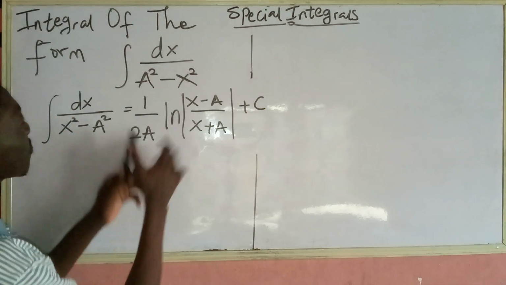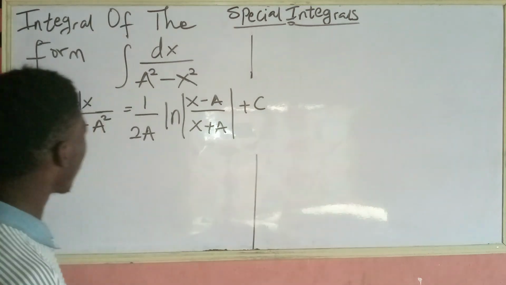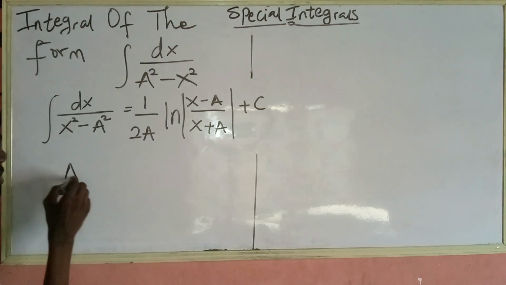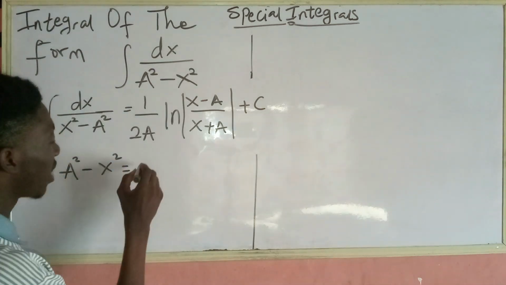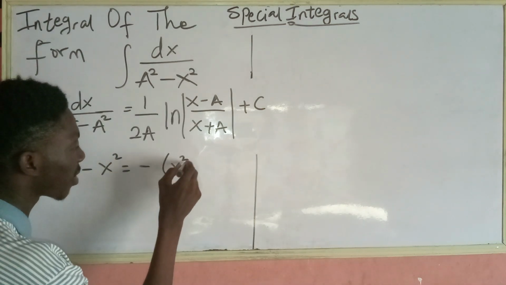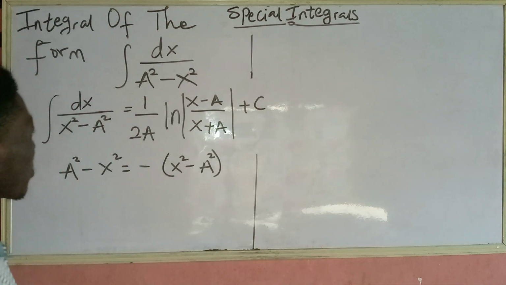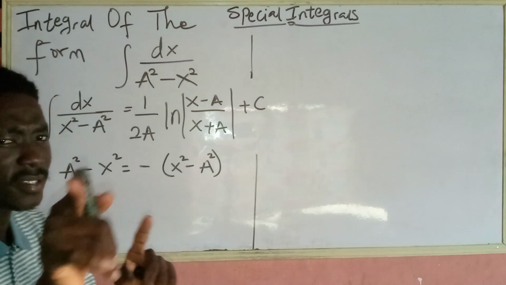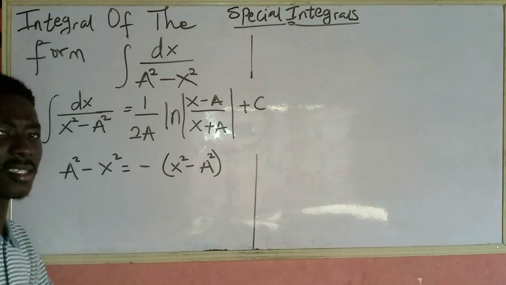There's a way of getting through this, which is this. Since here is a squared minus x squared, remember a squared minus x squared is the same as minus of x squared minus a squared. So since I know this one, I know this one indirectly because this form is the same as this.